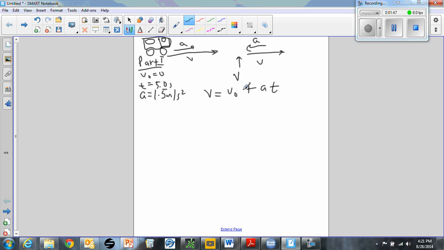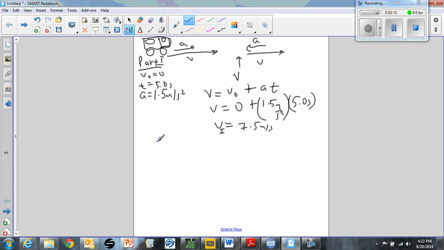So it's v equals 0 plus positive 1.5 meters per second squared times 5 seconds. And I get a final velocity of 7.5 meters per second. Now, that's part 1, final velocity.